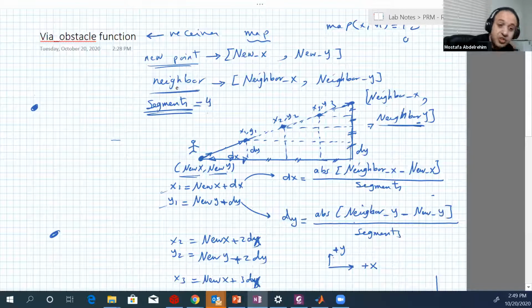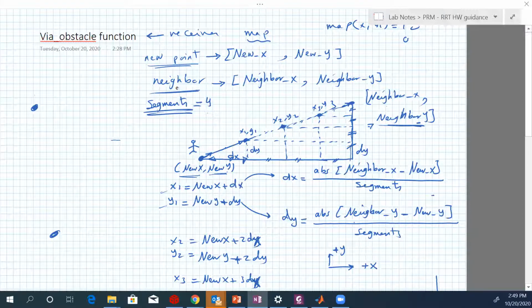If this is the direction of the increment of y, is it higher or lower? Is y1 greater than new y, or is new y greater than y1? Y1 is greater. That's right.